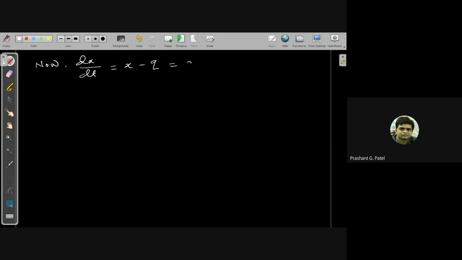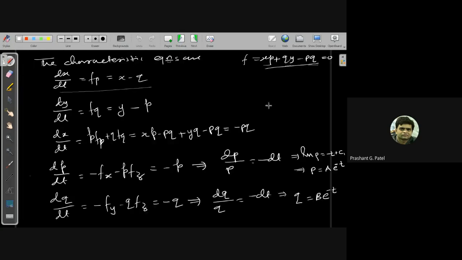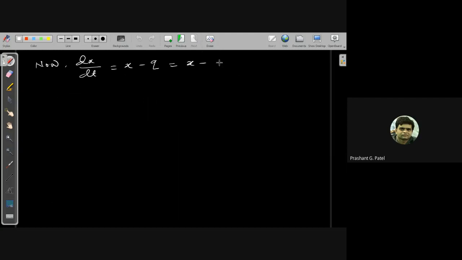But the value of q we got, it is x minus, the value of q is b e power minus t. Now we have to solve this one. dx by dt minus x is equal to minus b e power minus t. This is a linear equation, that is dy by dx plus py equal to q.